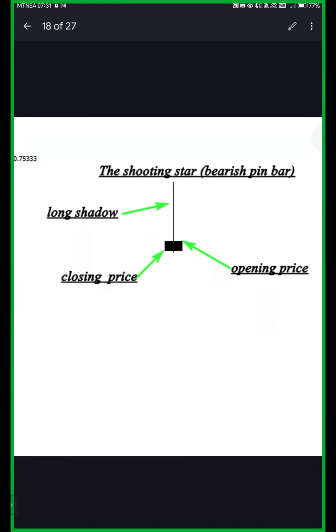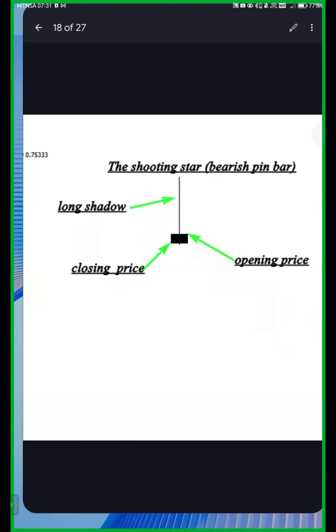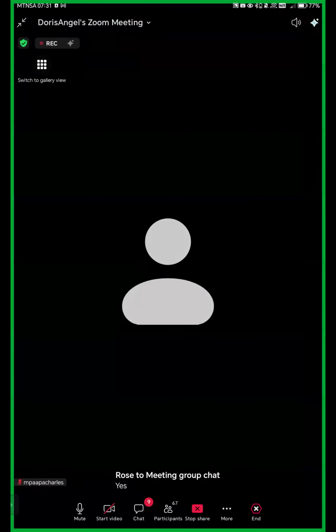The shooting star is also referred to as a bearish pin bar. It is a hammer flipped upside down. That's what we call a shooting star, a bearish pin bar. Yes, more like a hanging man. Yes.